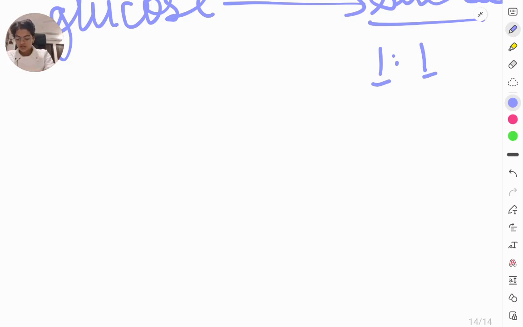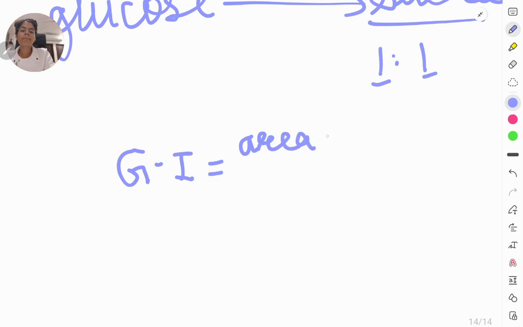Now, the formula, I want to write it down for you. Area, I am talking about the blood glucose graph, okay?